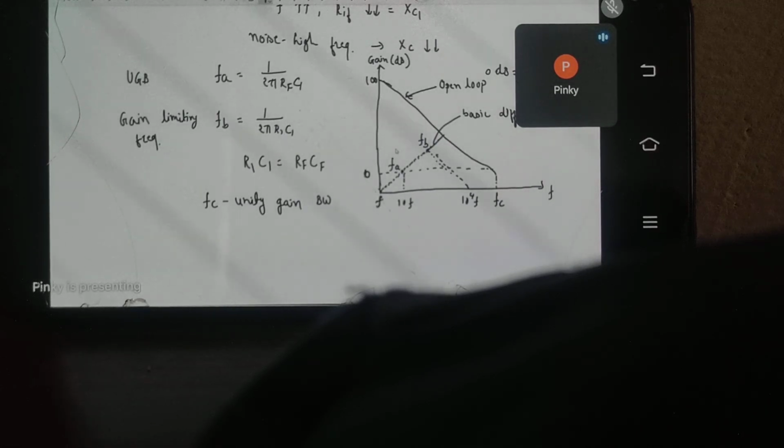You should operate your differentiator in this range, between FA and FB. If you go beyond FB, your circuit will become unstable, and gain becomes very high. Okay, this is the practical differentiator.